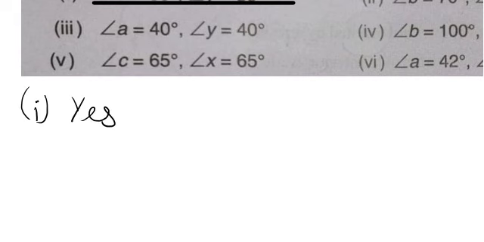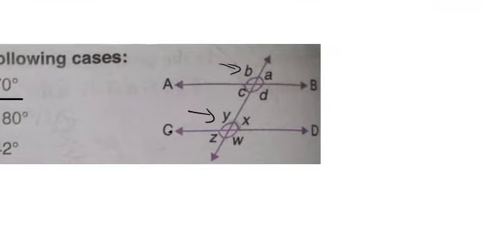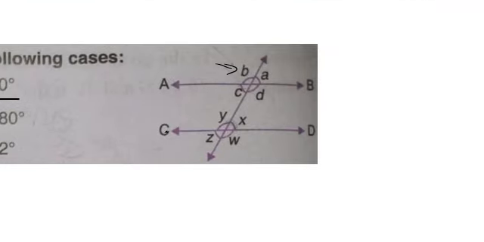Then the second one says angle B equals 70 degrees and angle Z equals 70 degrees as well. So B is given as 70 degrees, I'll just mark it, and Z is given as 70 degrees as well. So Y will be how much? 110. We do 180 minus 70, because Z and Y both lie on this straight line.